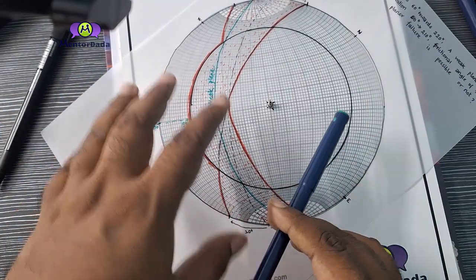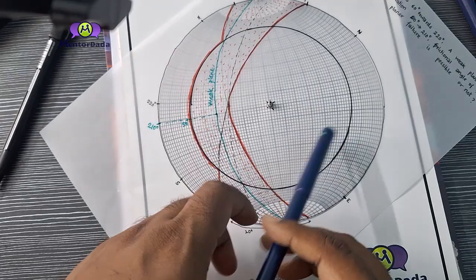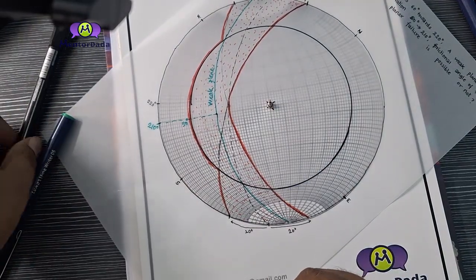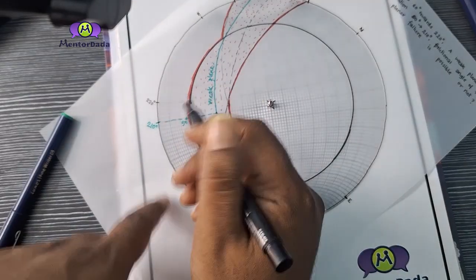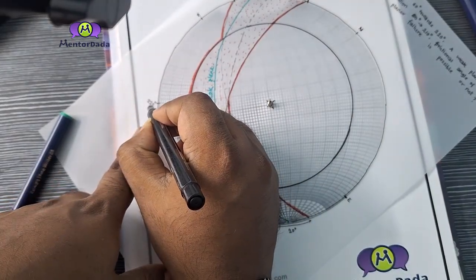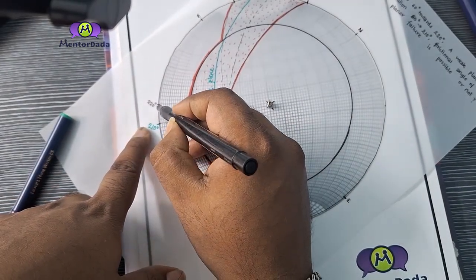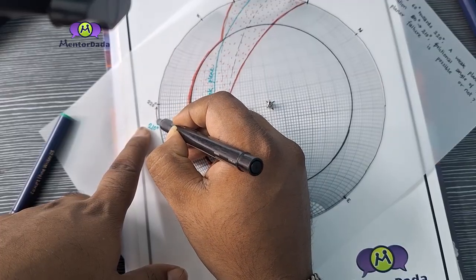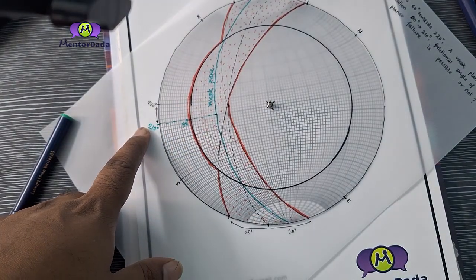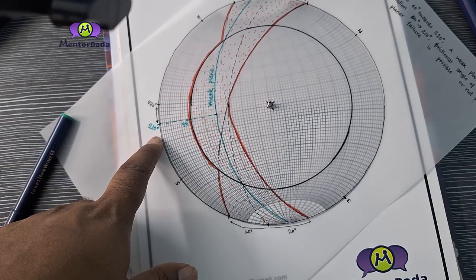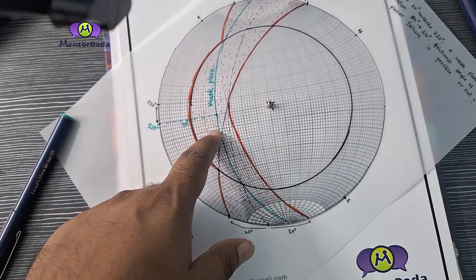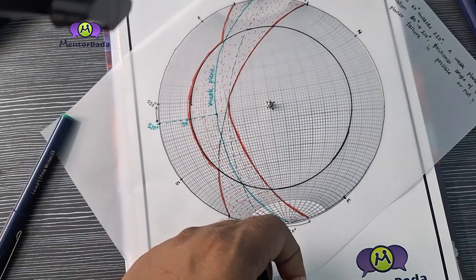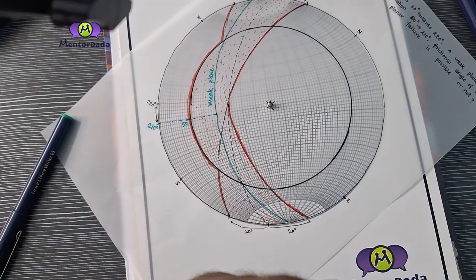Failure will definitely occur. Why? Because the slope face is towards 220, and this is only 10 degree distance from the slope face direction, right? And also the great circle lies in the unstable zone. So planar failure will definitely occur.